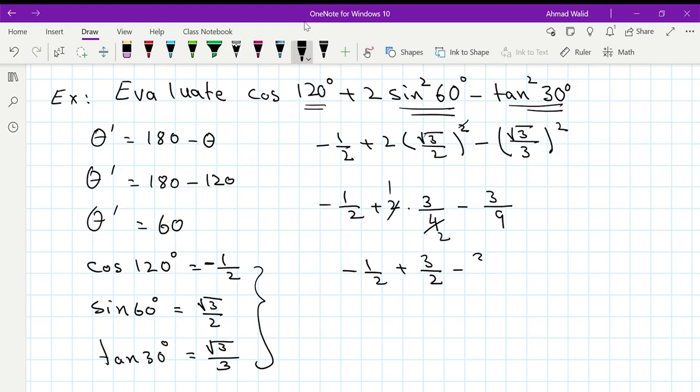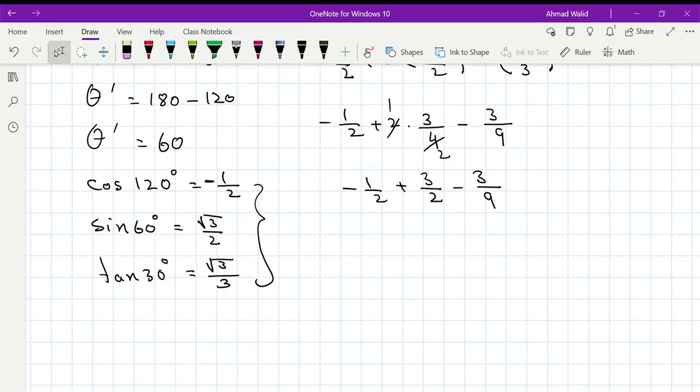You need a common denominator here, correct? Between 2 and 9, the common denominator is 18. You have to change all the denominators to 18. Multiply here by 9, and also multiply the 3 over 9 by 2, to change that one to 18 also.